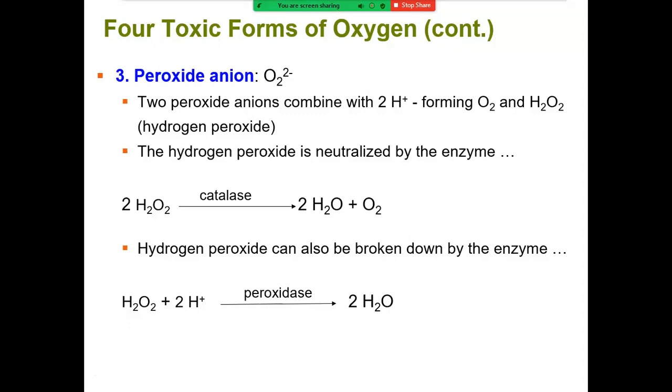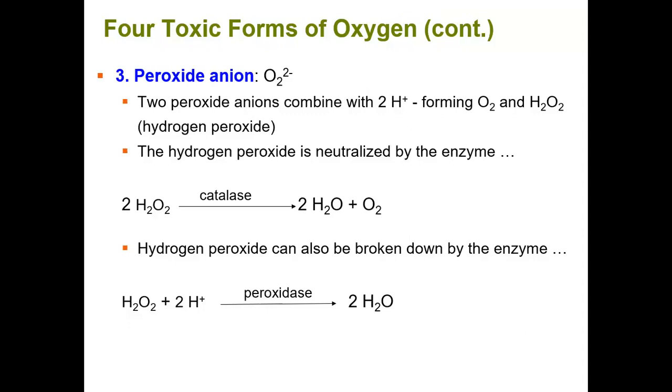Otherwise, it would kill the cell. And peroxide anions, meaning free radicals, are made in the metabolism of glucose. They're made at low numbers. In fact, they're a mistake in the chemical breakdown of glucose.